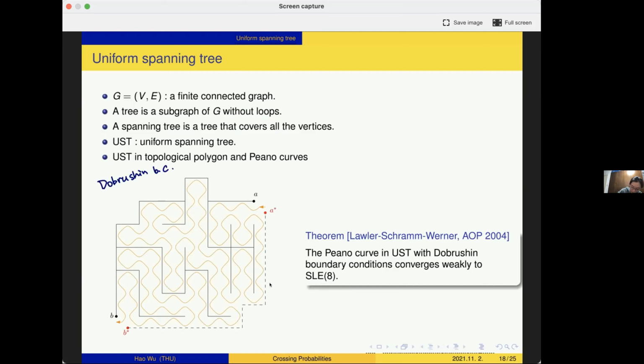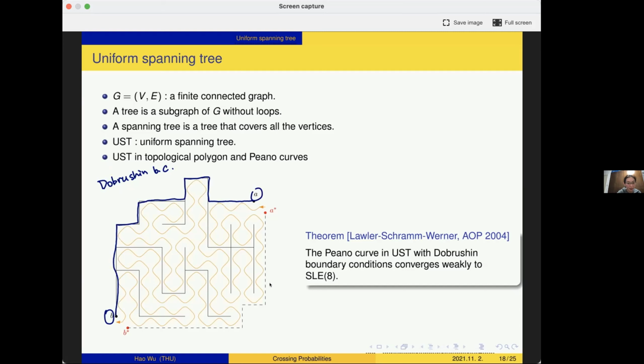We fix two boundary points A and B, and then we require that all edges on this boundary arc belong to the tree. For the other part of the boundary arc, we don't require anything. This is called the Dobrushin boundary condition for the uniform spanning tree.